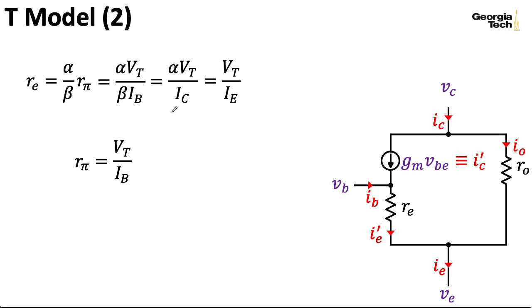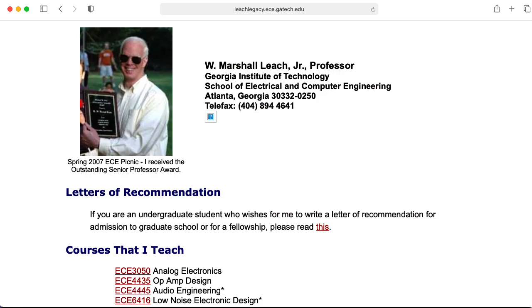So we have several different ways of expressing RE depending on what is most convenient. Notice that RE and R pi are very similar. Basically, the only difference between them is that R pi uses the DC base current and RE uses the DC emitter current. So that was a lot of formulas, and there's more formulas coming.